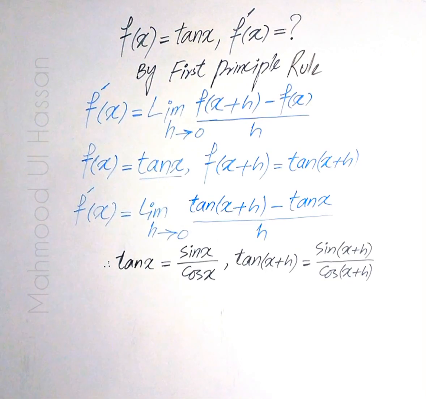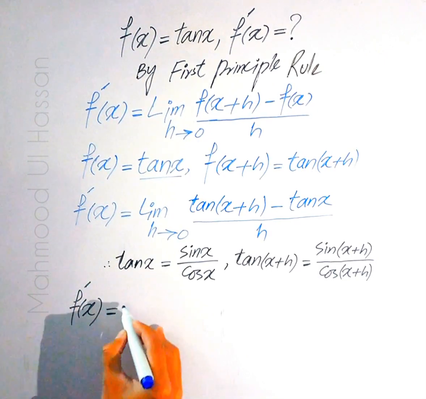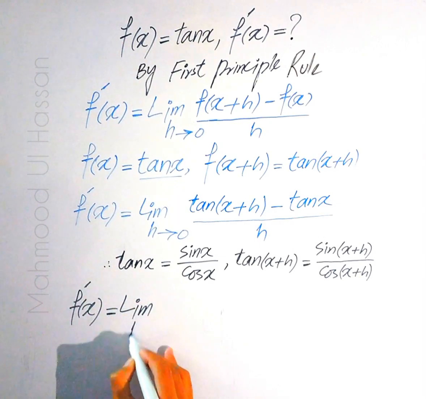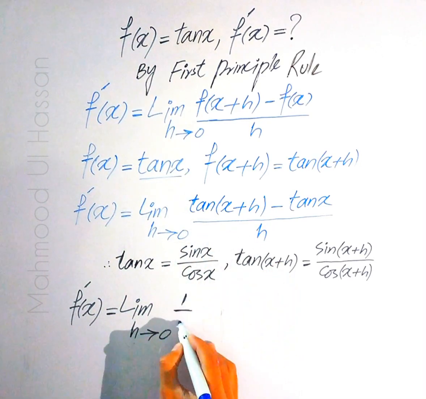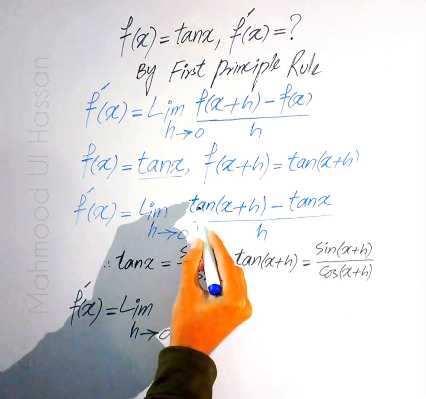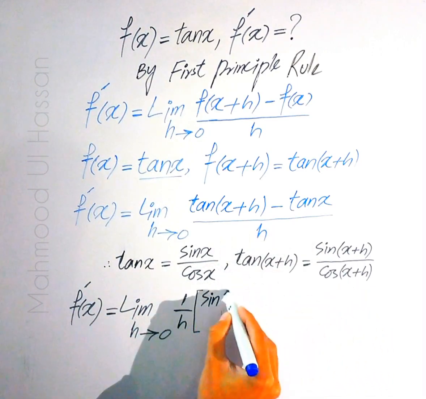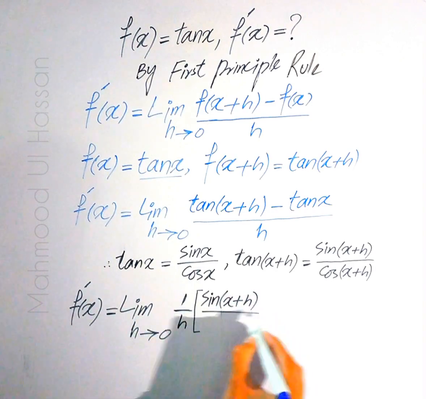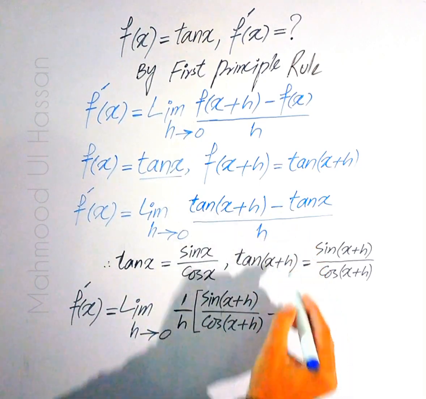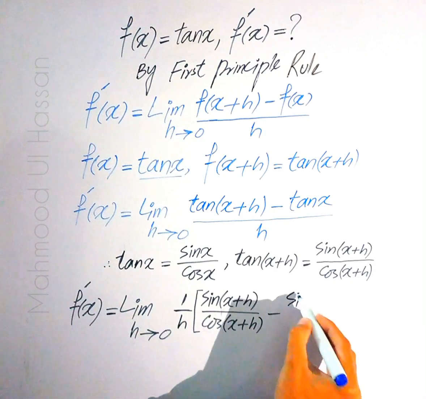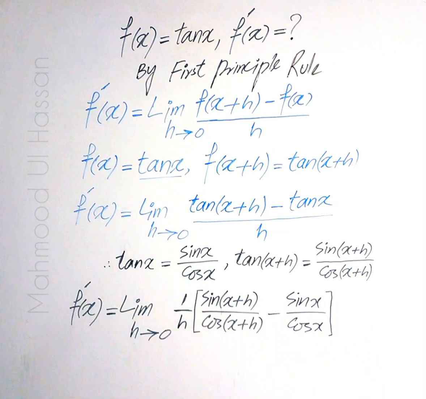Okay, the above equation can be written as f prime of x is equal to the limit as h approaches 0 of 1 upon h into, tangent of x plus h is sine over cos, so sine of x plus h divided by cos of x plus h, then minus tangent of x, which can be written as sine of x divided by cos of x. Is it clear?